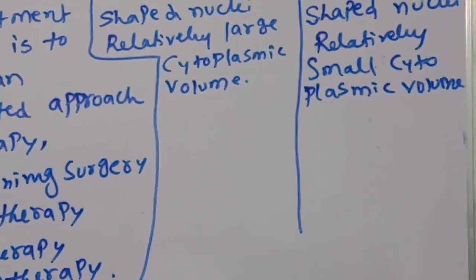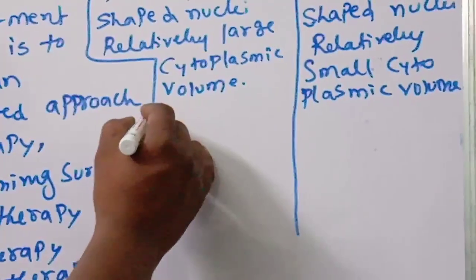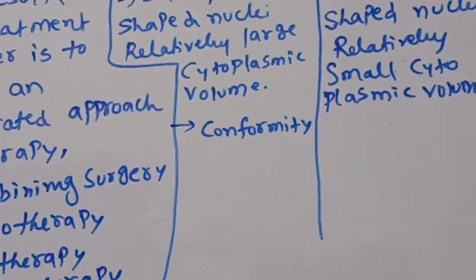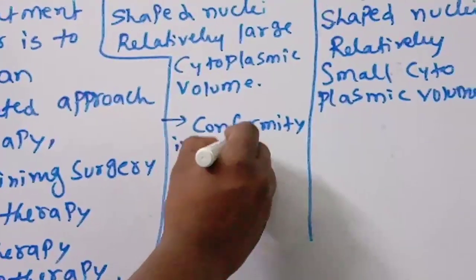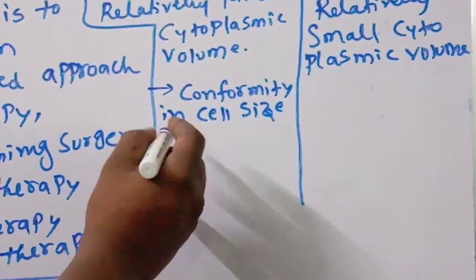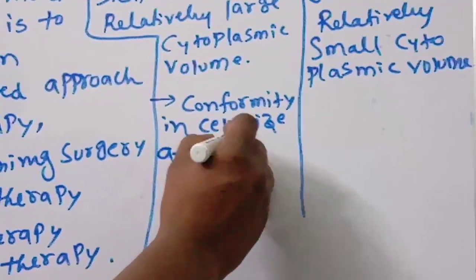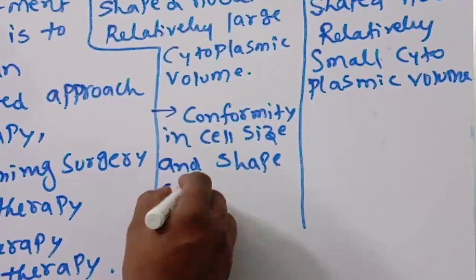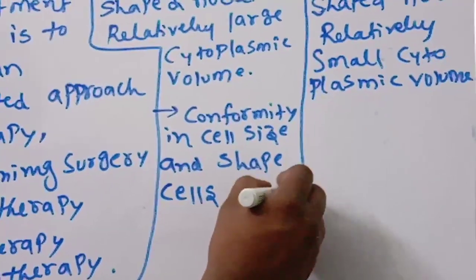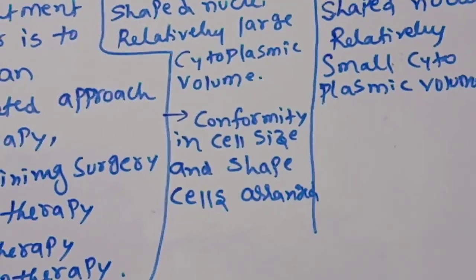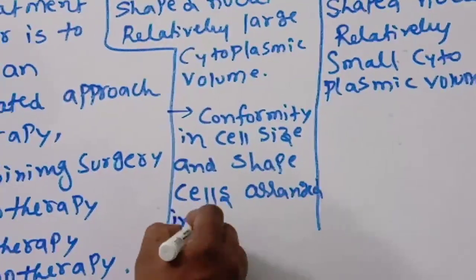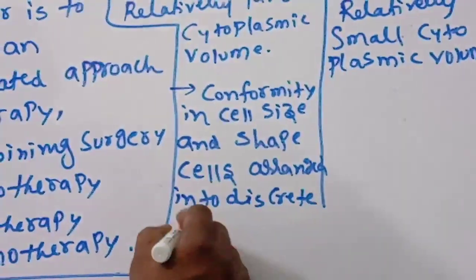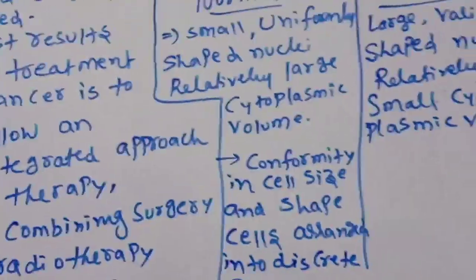Next one, conformity in cell size and shape, cells arranged into discrete tissues.